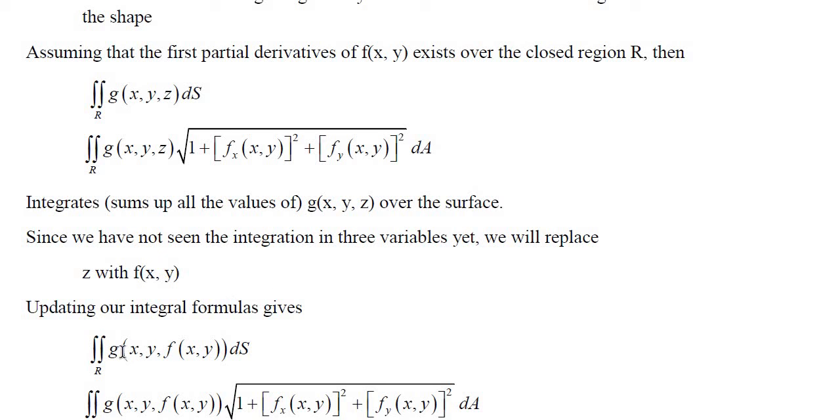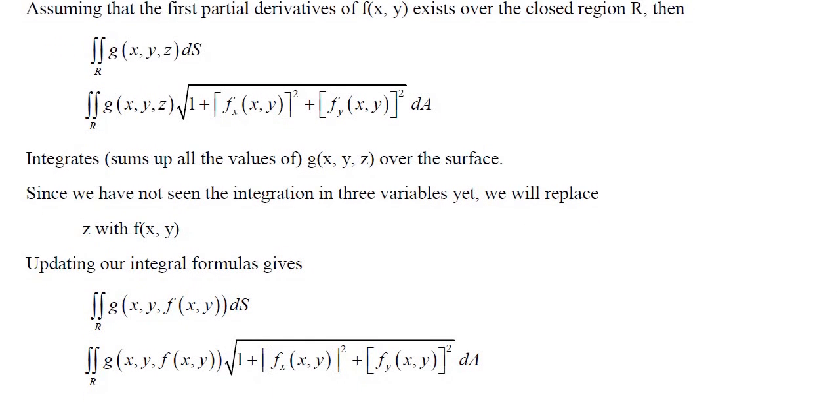So updating our formulas gives us that our surface integral is going to be the iterated integral over that region in the xy plane of g of x, y, and then instead of z here, I'm going to have that function for z, whatever that is, and then dS, which again is effectively the same thing when you rewrite it with the dA notation.